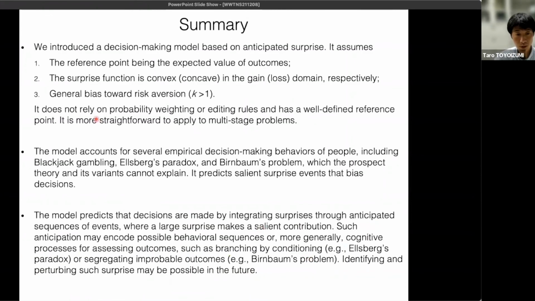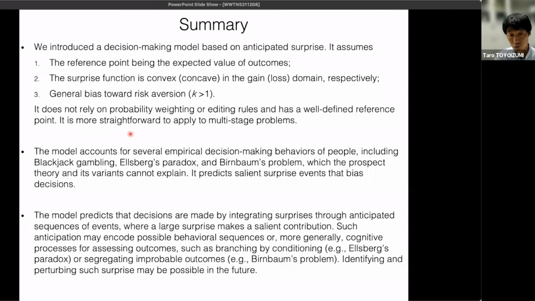Here's a summary. We introduced a decision-making model based on anticipated surprise. It assumes the reference point being the expected value of the outcomes. The surprise function is convex in the gain domain and concave in the loss domain. And a general bias toward risk aversion is assumed. The model does not rely on nonlinear probability weighting or editing rules, and has a well-defined reference point.